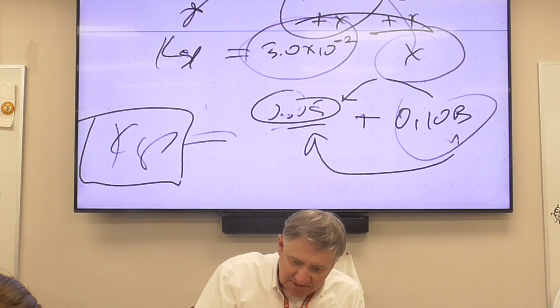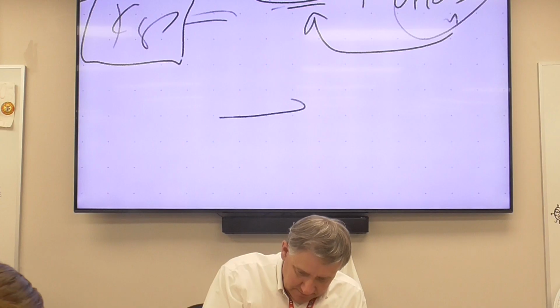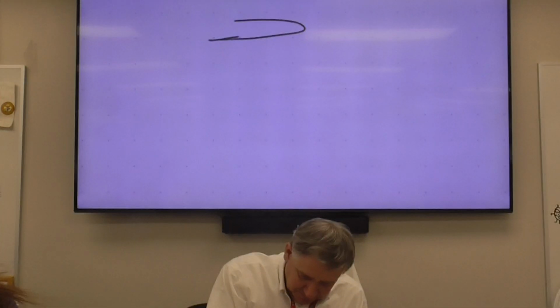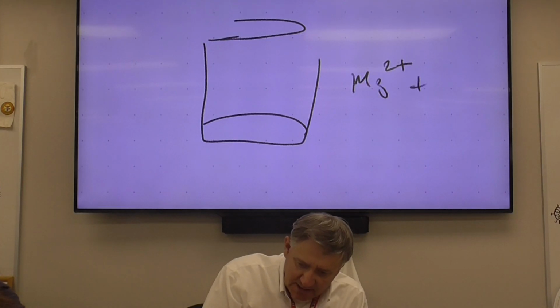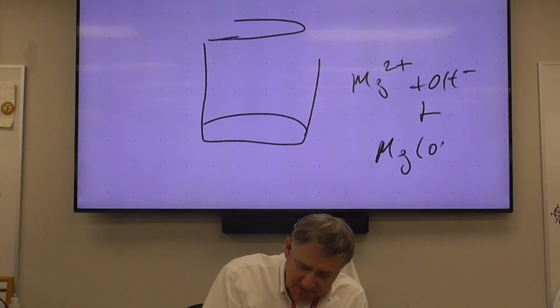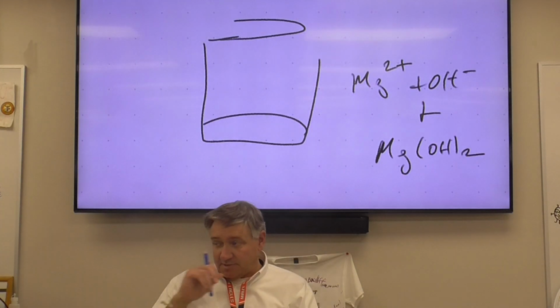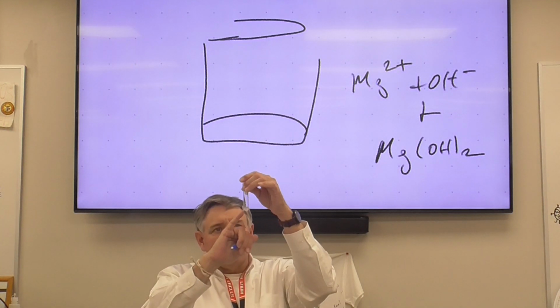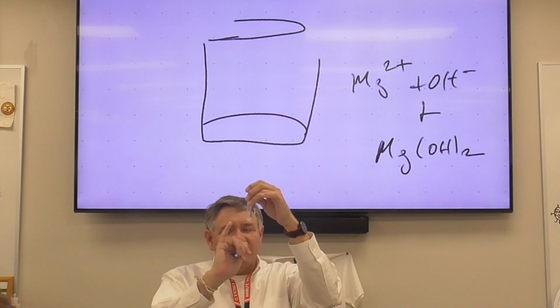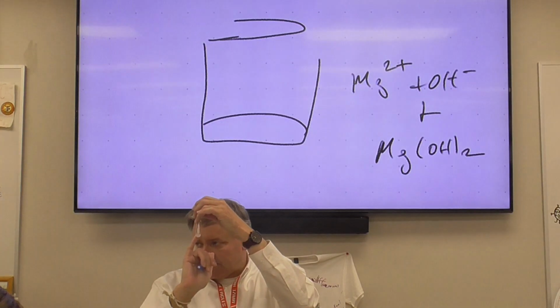What happened just now is that inside this test tube, I added magnesium ions and I added hydroxide ions and I formed magnesium hydroxide. That's my precipitate, the very clumpy white stuff here.